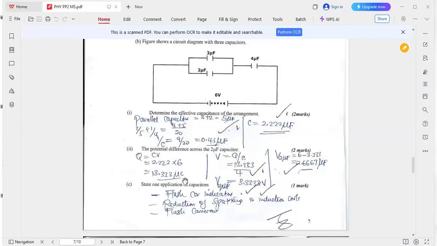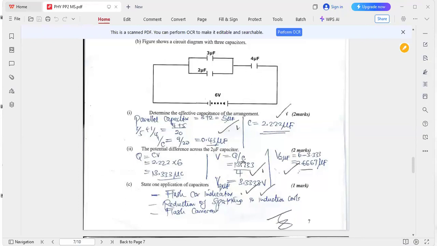It is this charge that determines the voltage across each capacitor. So if you want your work to be very easy, deal with these 4 microfarads. It's the easiest to deal with because it's alone. It's not sharing with any other capacitor. So you find how much voltage is here.